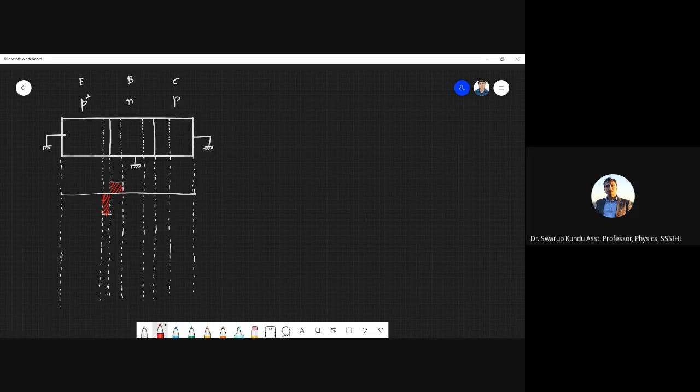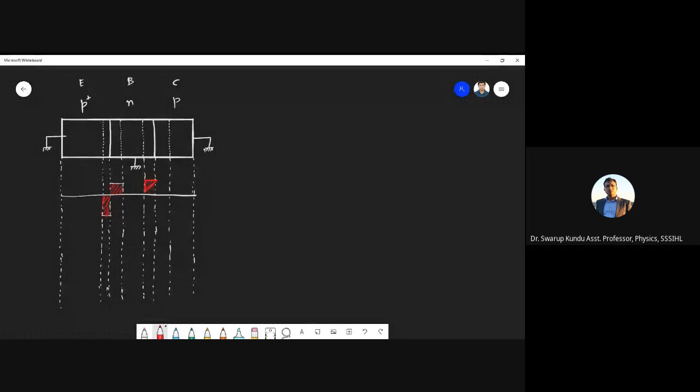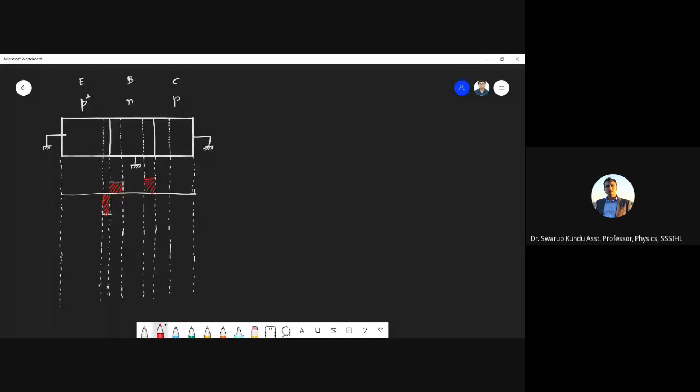And then similarly, we have for this junction also, right? This is the NP junction, so it's reverse. Right. And this side we will have. I could not draw it with the scale. So again, you have to remember, right? The area of this region should be equal to area of this region. Area of this rectangle should be equal to area of this rectangle.